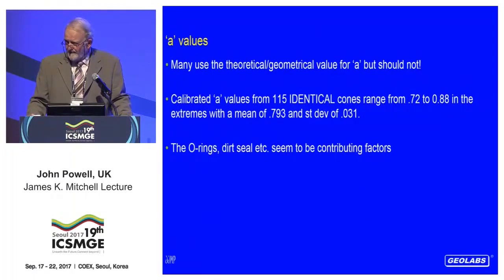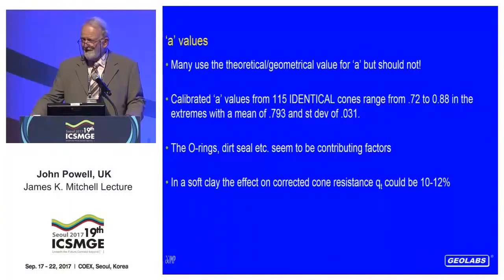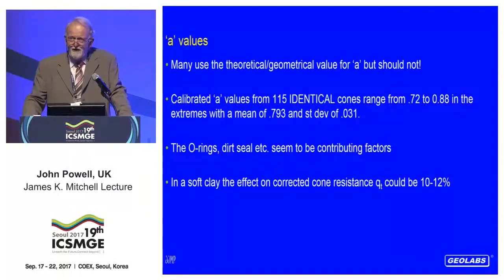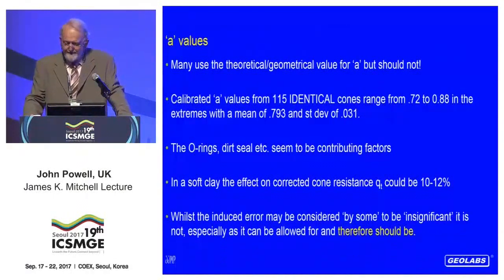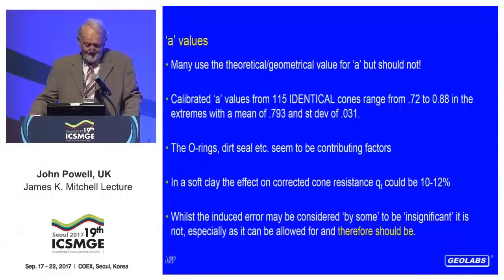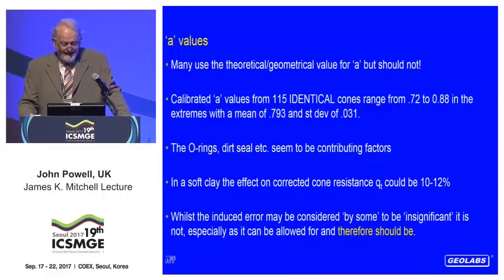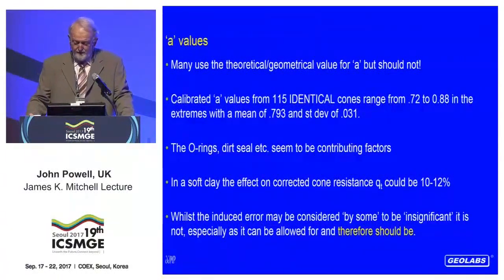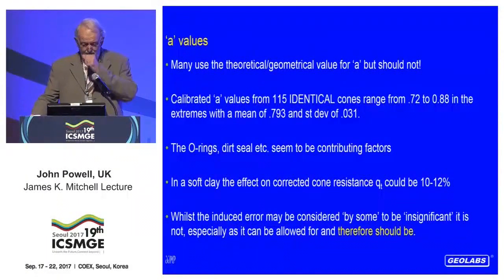The O-ring seals and the dirt seals were the main factors affecting this, but those are the real values for that cone. So in soft clays, that could have an error in the corrected cone resistance of 10 to 12%. I'd say that is significant, but some people say that's insignificant. I don't see how it can be, especially as it can be allowed for, and therefore it should be.